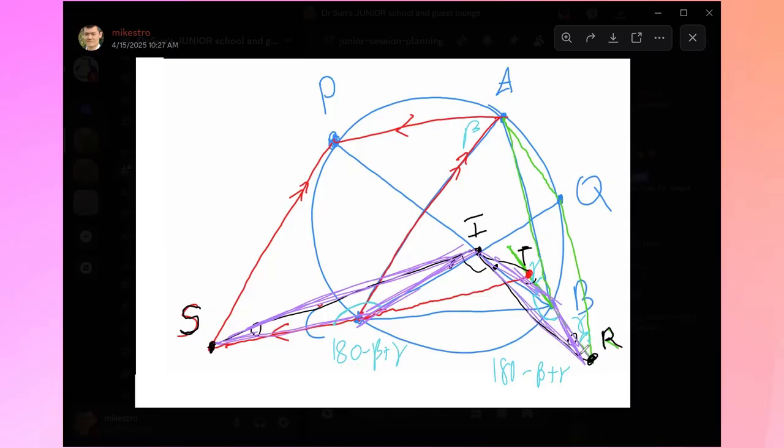Well, first of all, we notice that, remember we wanted this angle to be equal to this angle for the bow tie, right? Well, for that to be true, you need this angle here to be equal to that angle here, right? Yes? Okay.